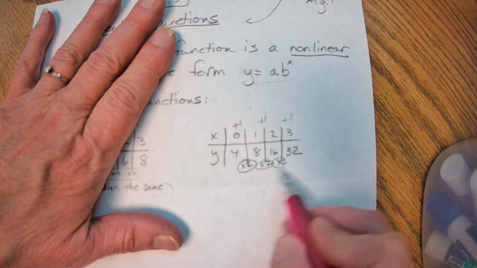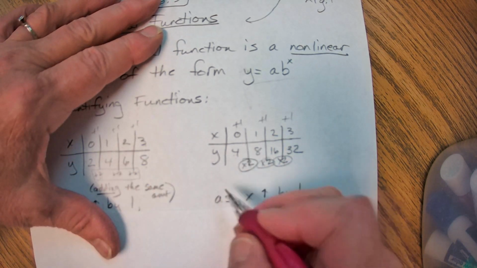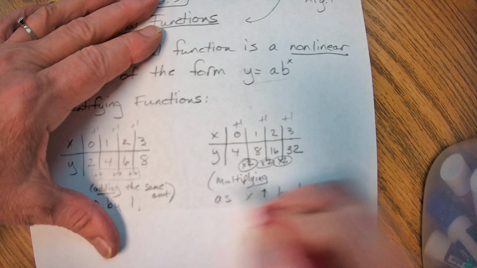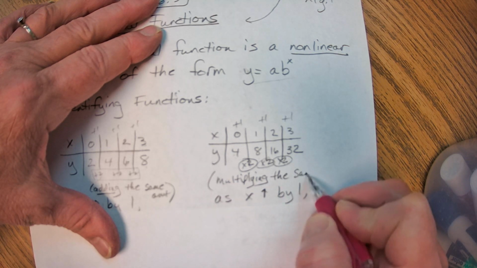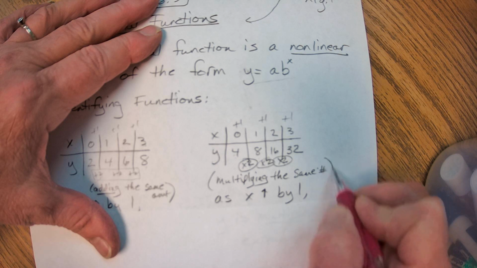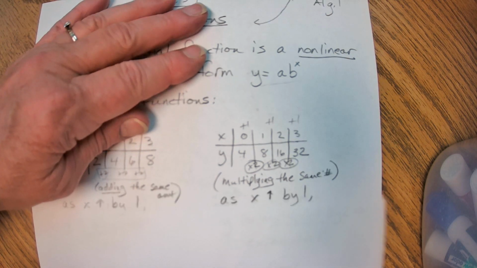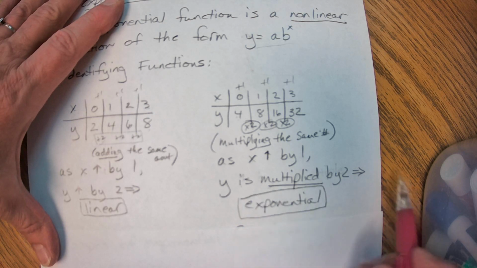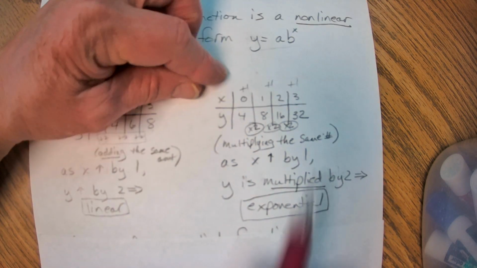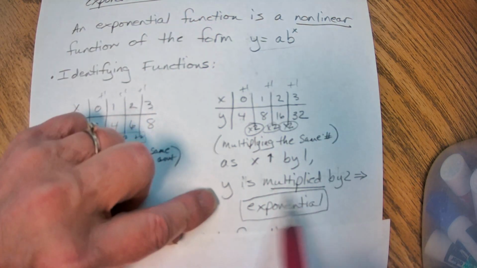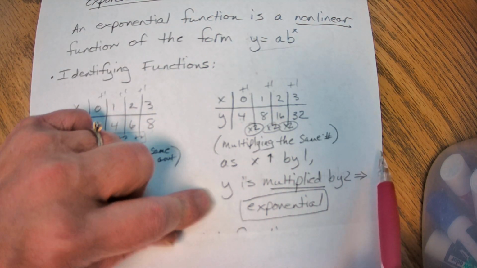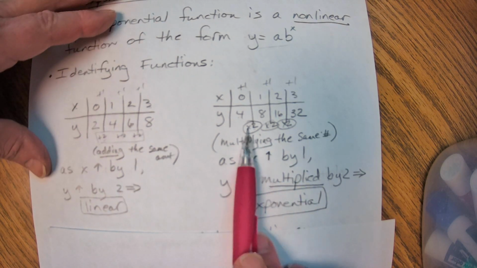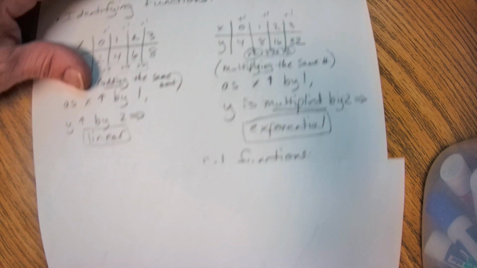If you're multiplying the same thing from one y to the next, then we know this is an exponential function. As x increases by 1 each time, the y's are multiplied by 2. So if you're adding the same amount, it's linear for the y's. If you're multiplying by the same amount, it's going to be exponential.